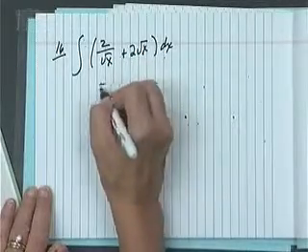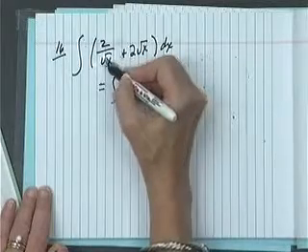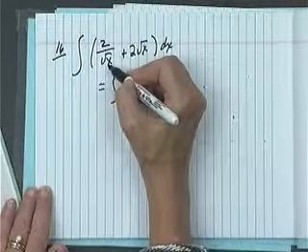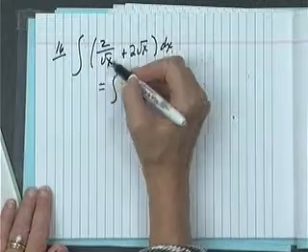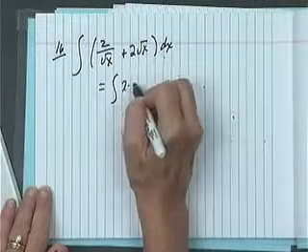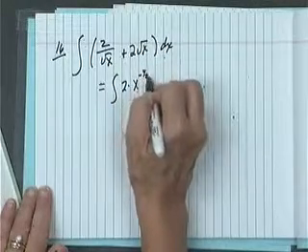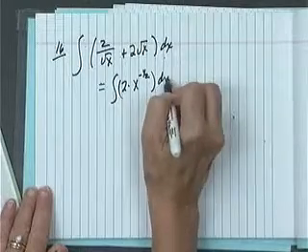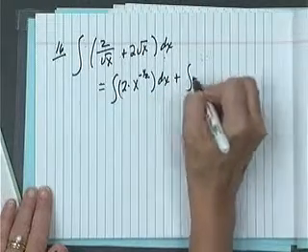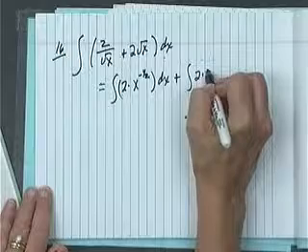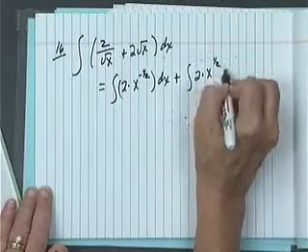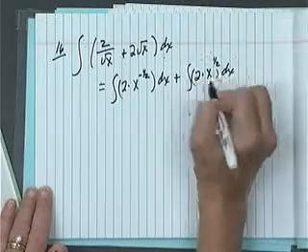Okay. So how are you going to handle that square root of x in the denominator? It's 2 times x to the negative 1/2 dx plus the integral of 2 times x to the 1/2 dx.